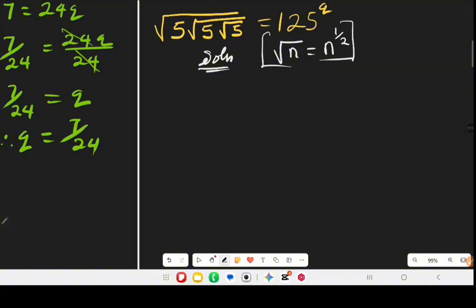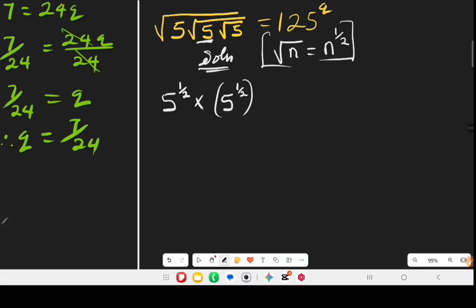If this is true, the first root is root of 5, the biggest root. We can express that as root into power, meaning if we consider the biggest root, the first 5 is giving us 5 raised to the power of 1 over 2, times, we consider the second 5 root of 5, which is giving us 5 raised to the power of 1 over 2.